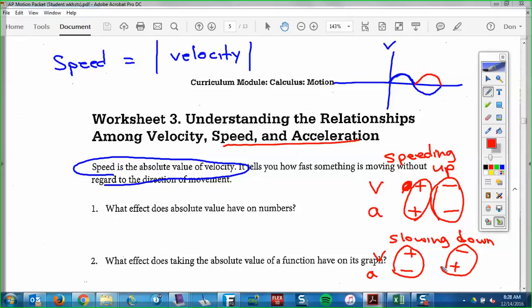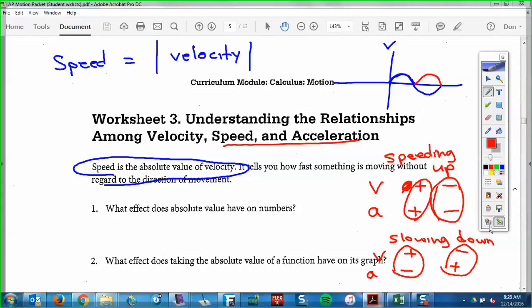That's not enough, because right here, the blue is the velocity. Right here, the velocity is increasing, but that object is slowing down because its speed is going towards zero, or its velocity is going towards zero. So just saying velocity is increasing is not the same as saying speed's increasing. For speed, we got to look at velocity and acceleration in combination.